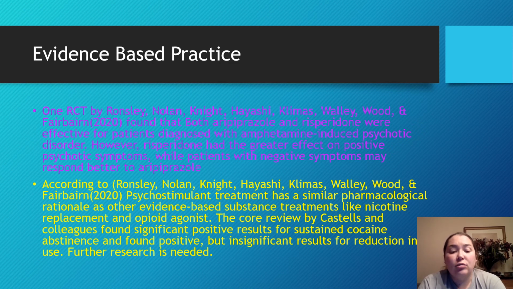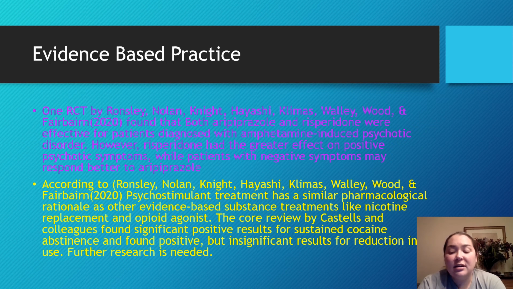The next article, according to Ronsley 2020, says psychostimulant treatment has a similar pharmacological rationale as other evidence-based substance treatments like nicotine replacement and opioid agonists. The core review by Castells and colleagues found significant positive results for sustained cocaine abstinence and found positive, but insignificant results for reduction in use. Further research is needed.